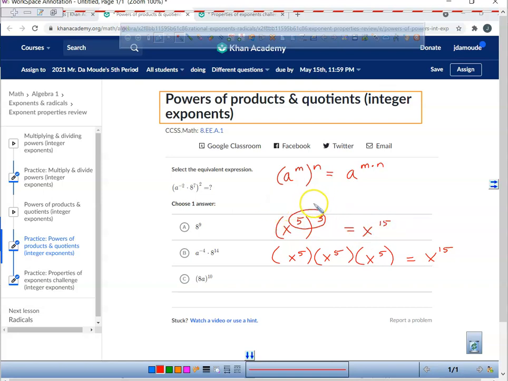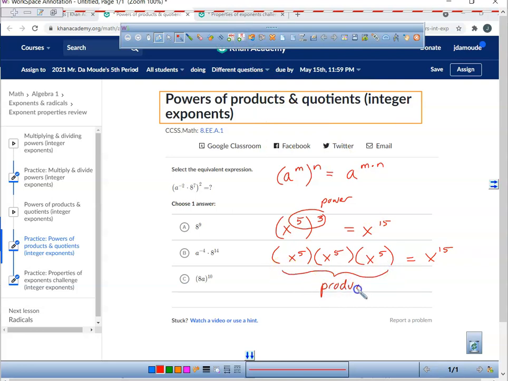This is the only time you're allowed to multiply them together. So do you guys see the difference between the power property, which is here, and what is this referred to? We did it yesterday. That's not the power. That's the product property. And 15 is because we did 5 plus 5 plus 5.